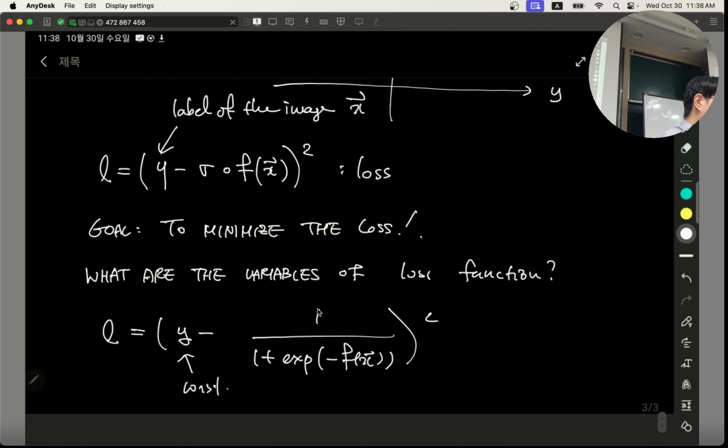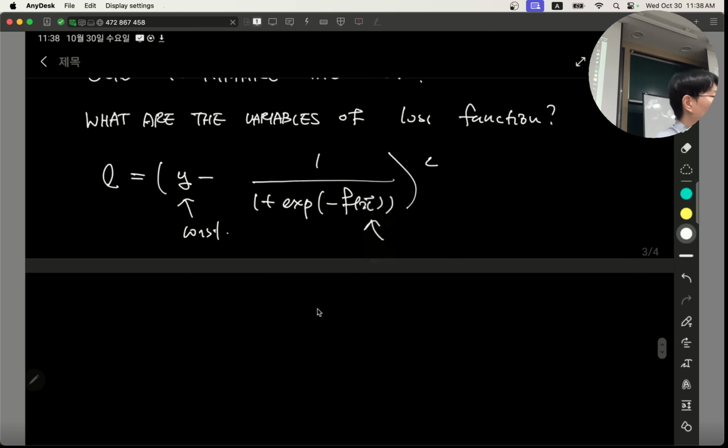Is x a variable? No, x is just a given value. It's also in the data set, so it's a constant. Where is the variable? Is L always constant? What can I change? What is the parameter here?